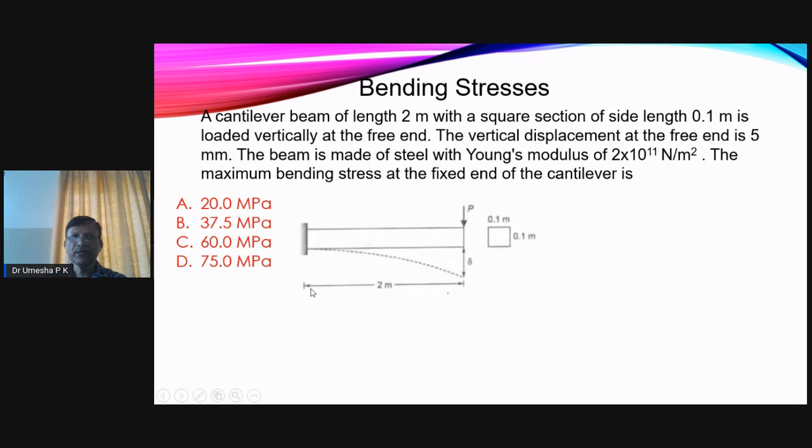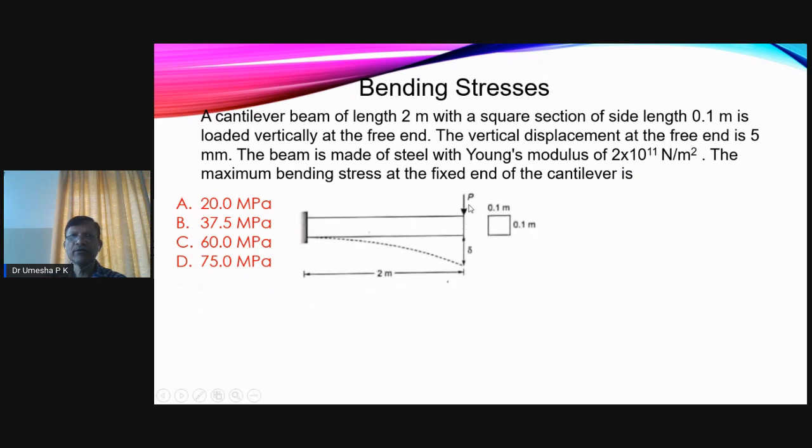So we want to calculate for this cantilever beam loaded at the end. They have given a 2 meter length and the side 0.1 by 0.1 is the square section. So the deflection of the cantilever beam will be delta is equal to PL cube by 3EI.